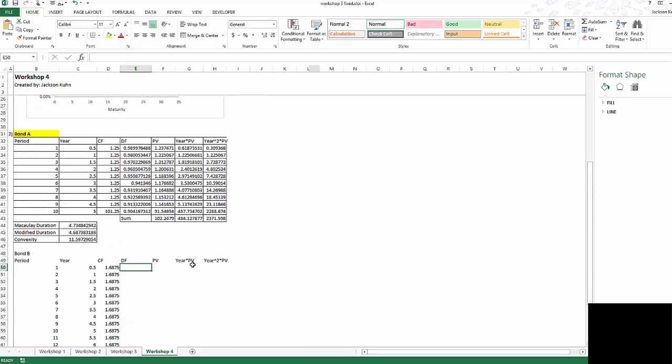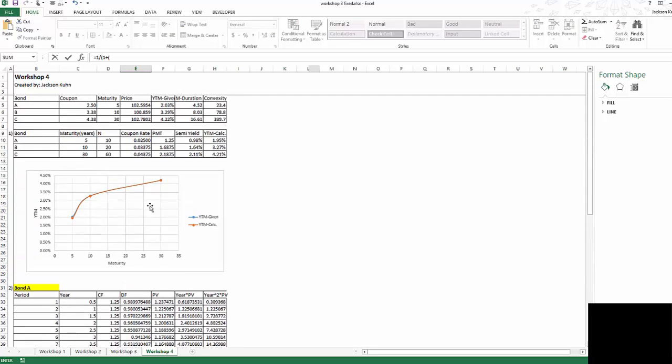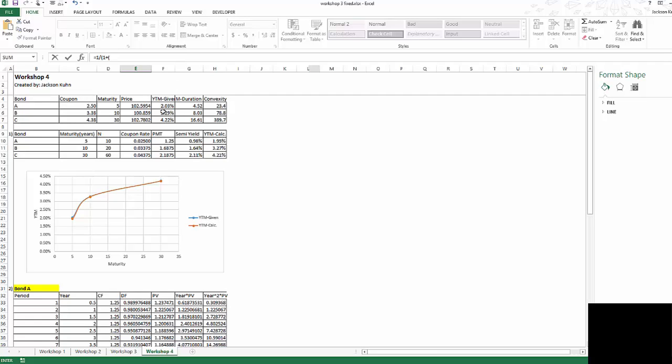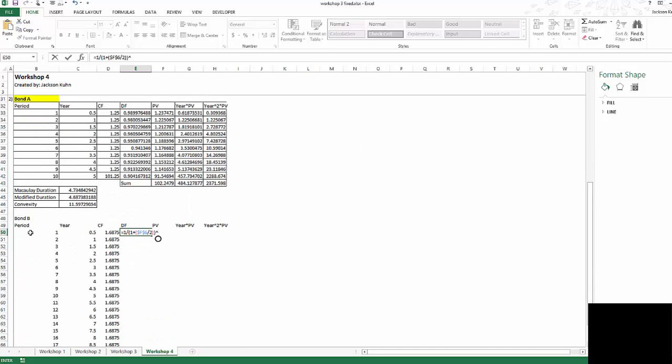Our discount factor is going to be equal to 1 divided by 1 plus our given yield, lock that, divided by 2, raised to the period. We can drag that down now.